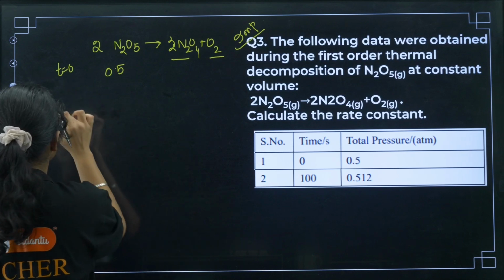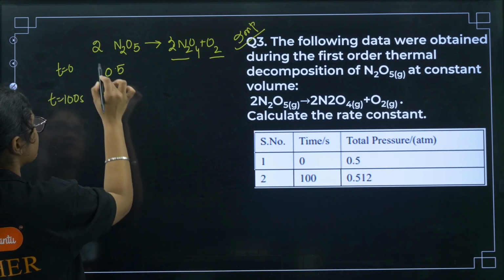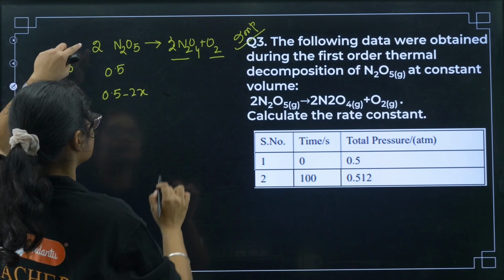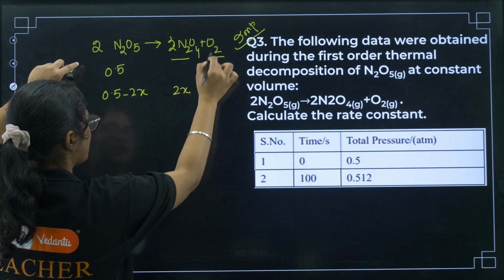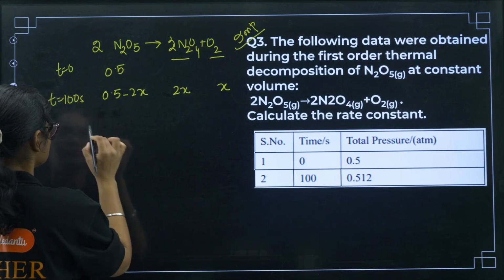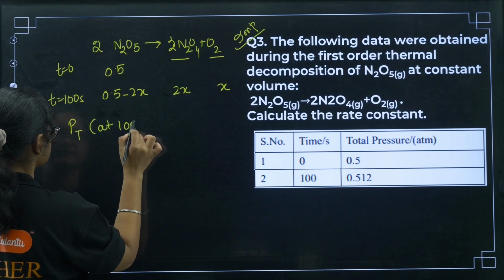Now as the reaction started, at 100 seconds what will happen? From 0.5, 2 molecules will be gone, so minus 2x. Now 2x gone, so here 2x will form and here x will form, based on the stoichiometric coefficient. So what is the total pressure at 100 seconds?